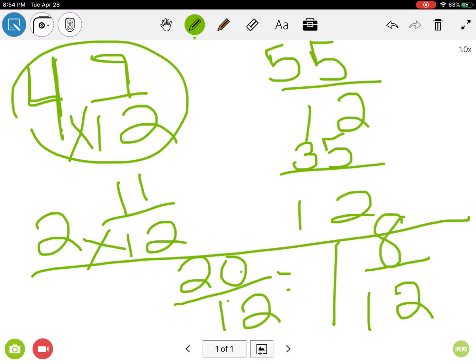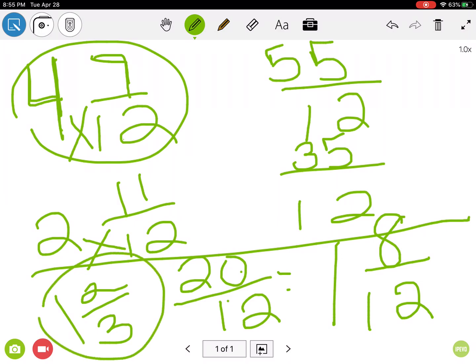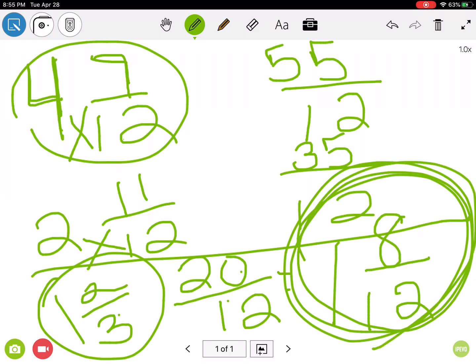Now, if we wrote this in lowest terms, we could divide by 4 on both sides, which would give us 2/3, and we would have 1 and 2/3. Now, for this particular lesson, I don't care about lowest terms. What I care about is that you get your answer, which was 1 and 8 twelfths.